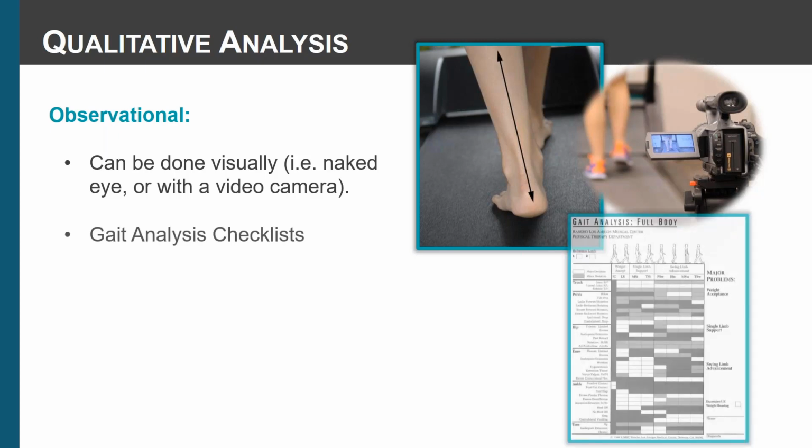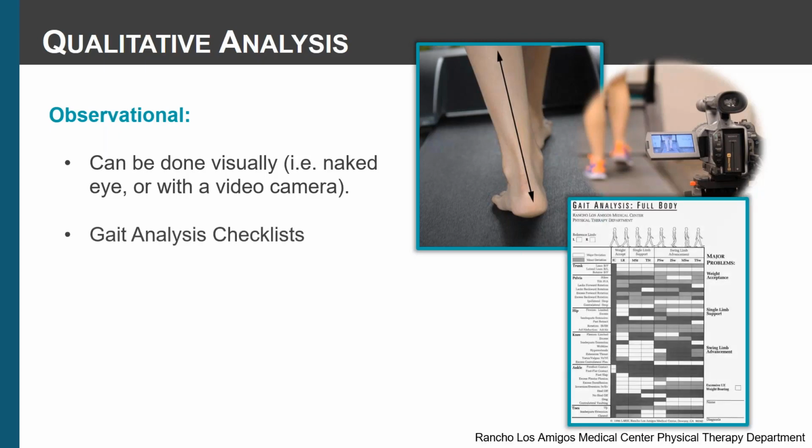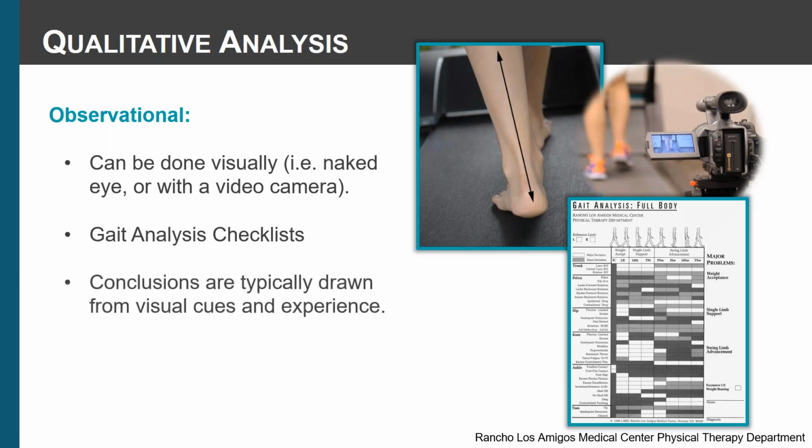Some clinicians might use a checklist with patients in order to get a better understanding of the levels and locations of pain, as well as estimate asymmetries for the different phases of the gait cycle. This method has some limitations, specifically that there are not really any quantitative numbers to compare before and after a treatment.